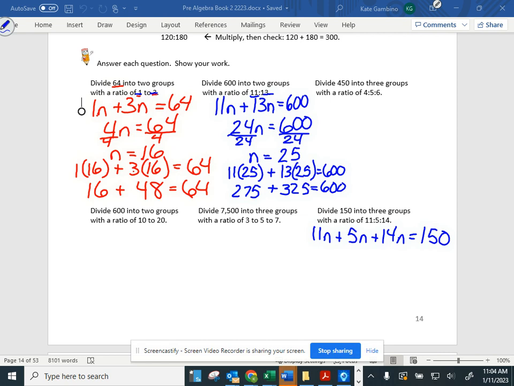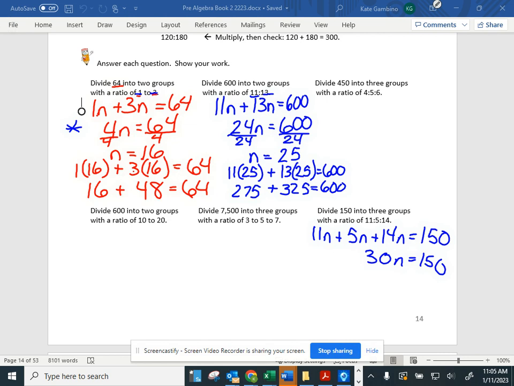Then we're doing that same step of combining them all together. 11 plus 5 plus 14 gives me what? 30. And now we're down to the exact same steps that we had when it was only two numbers. So putting more numbers in our ratio doesn't change what we're doing. It's just another number that we have to add together, and then we're back on the same track.